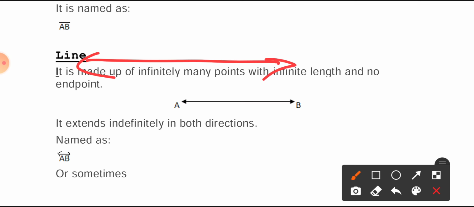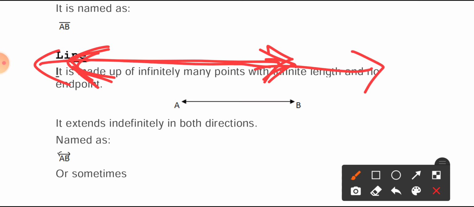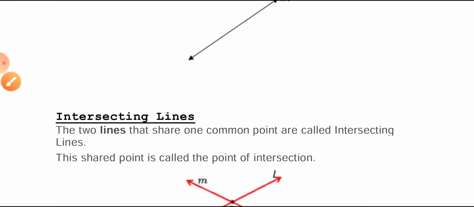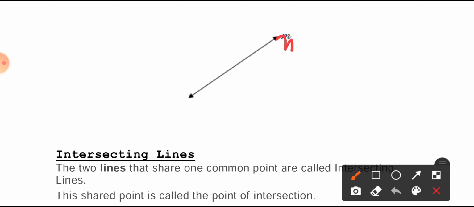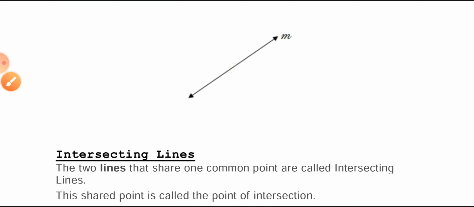We can show the line by two arrows, and two arrows mean it does not have any endpoint. A line has no endpoint, and we can extend it in both directions as much as we want. So we can denote that line by AB and this arrow, and sometimes we can name a line by a single letter, m. So m is a line which does not have any endpoints.